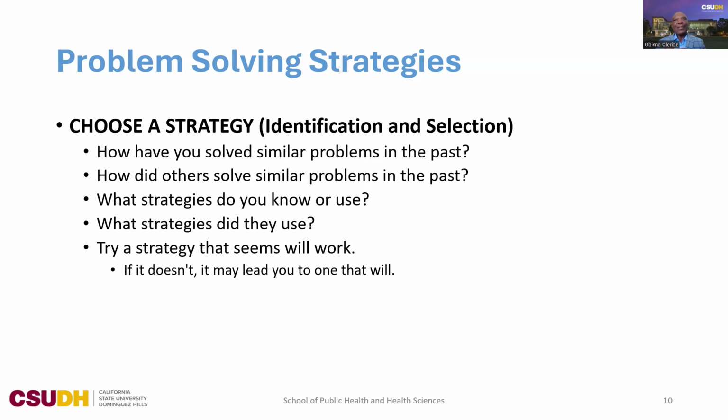Reflecting on past experience, for instance, will help you consider how you have solved similar problems before. What methods or actions worked and why did they work? Learning from others allows you to explore how your colleagues, your peers, your mentors, your employers, your supervisors, or even your organization have tackled comparable challenges in time past. Their successes and failures can offer valuable insight.